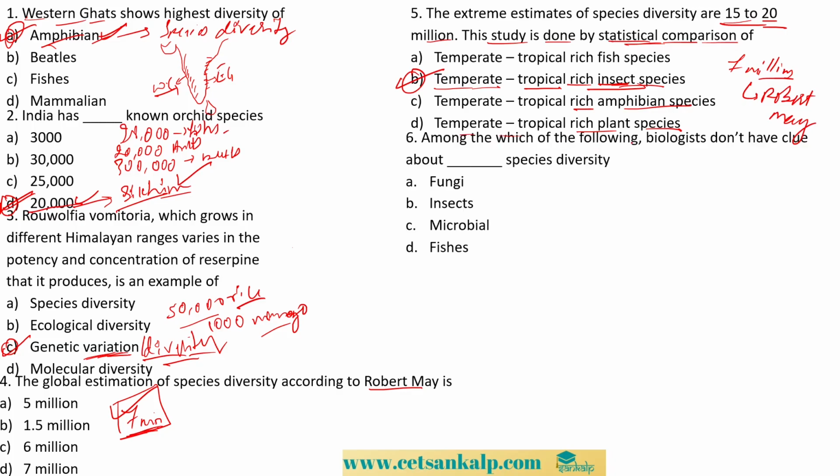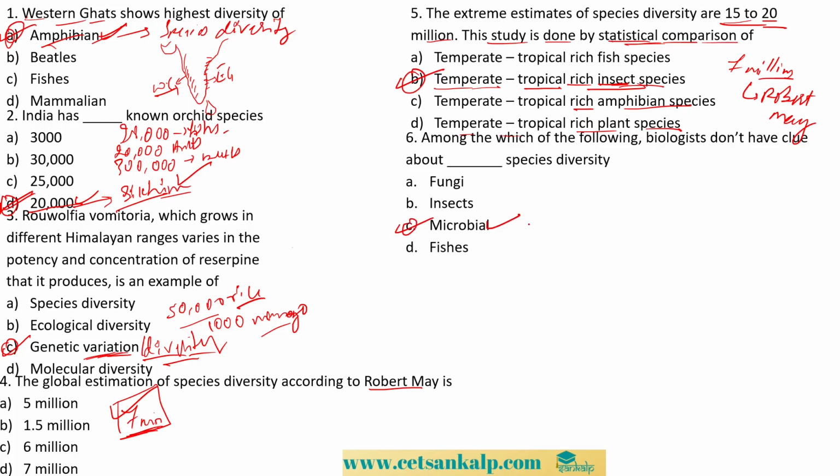Now, among which of the following biologists don't have a clue about species diversity: fungi, insects, microbes, fishes. So now the problem is mainly with respect to the microbes. The answer is microbes.